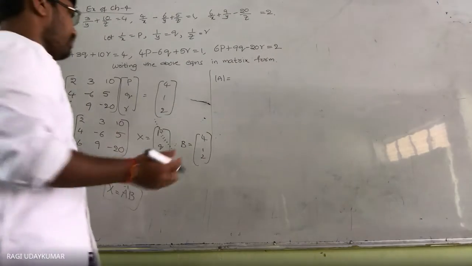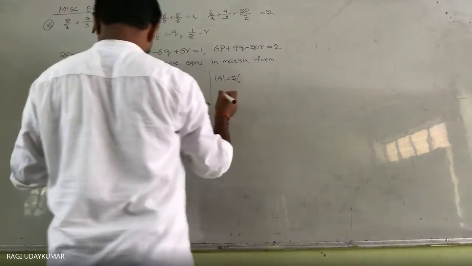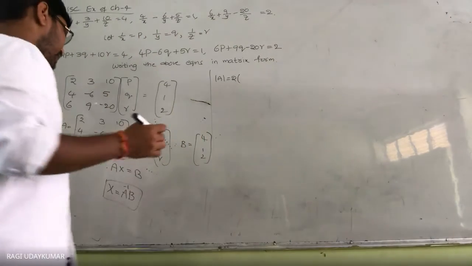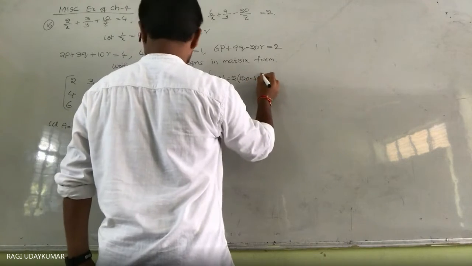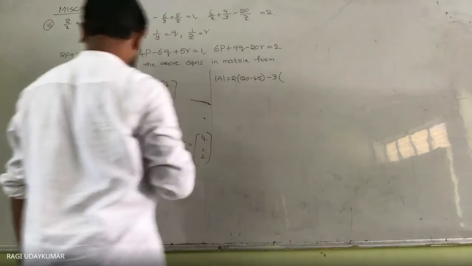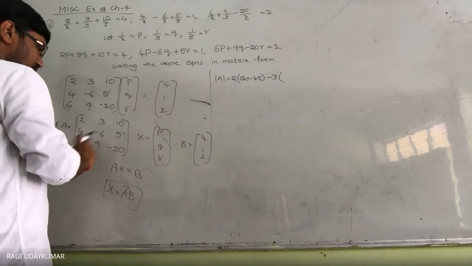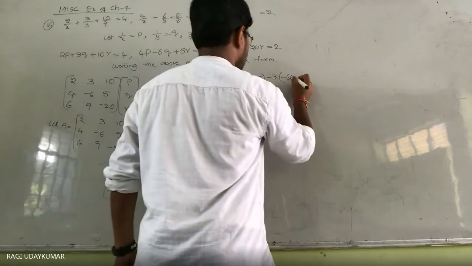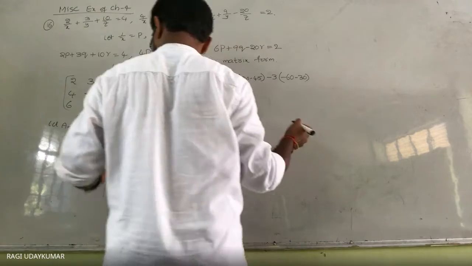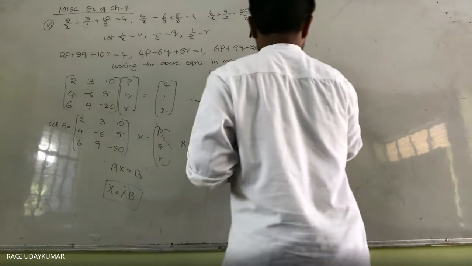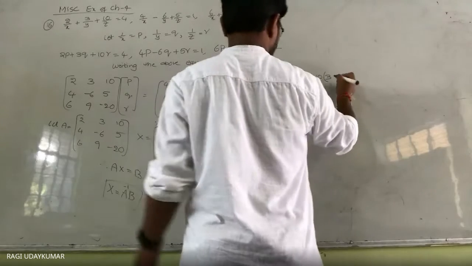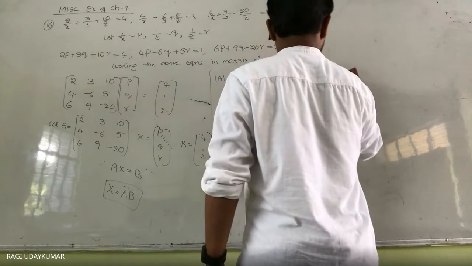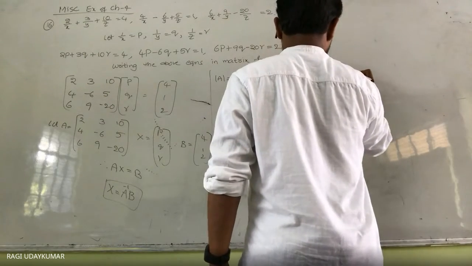Expanding along the first row: 2 into 120 minus 45, minus 3 into minus 60 minus 30, plus 10 into 36 plus 36.